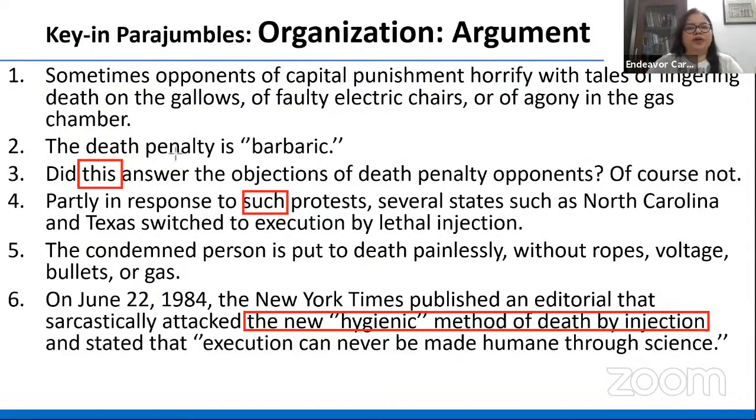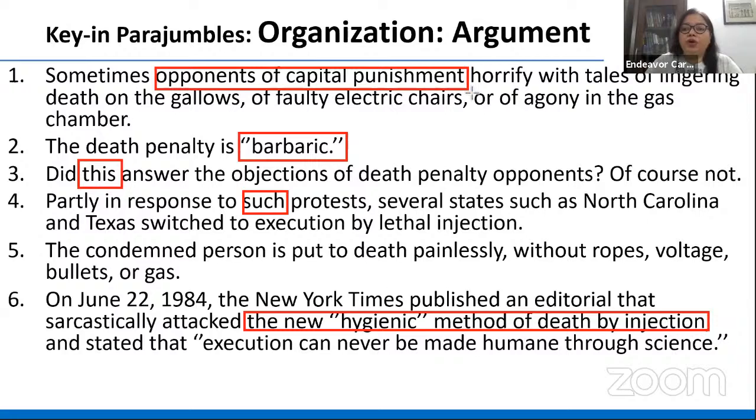Let's start with 2. The death penalty is barbaric. It's very cruel and primitive. How is it cruel and primitive? What do these opponents of the death penalty say? Why do they call it cruel or primitive?